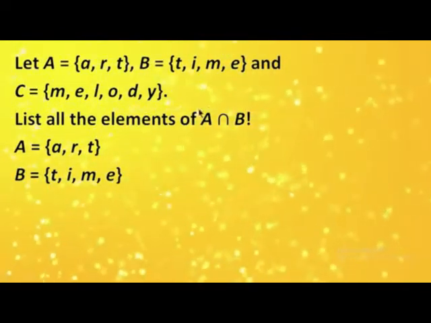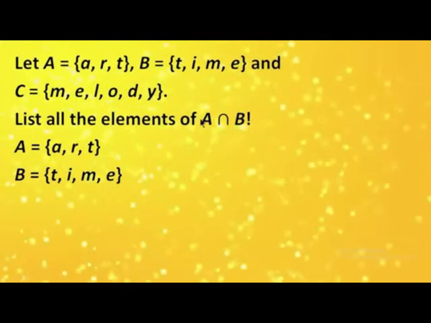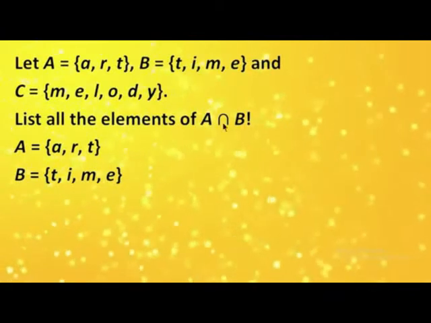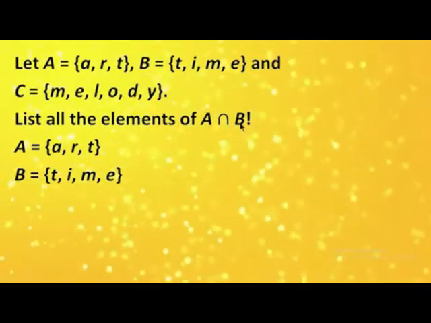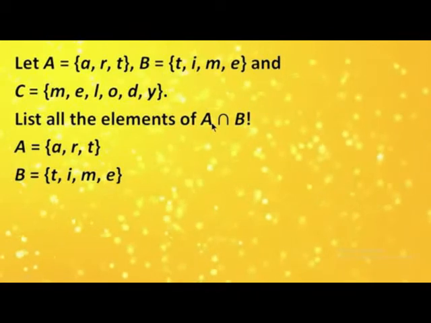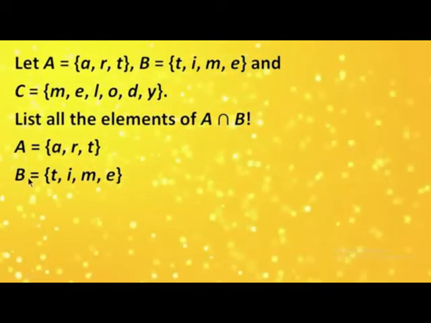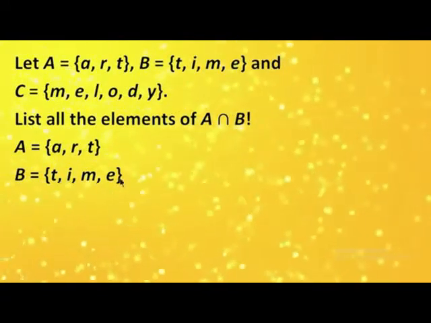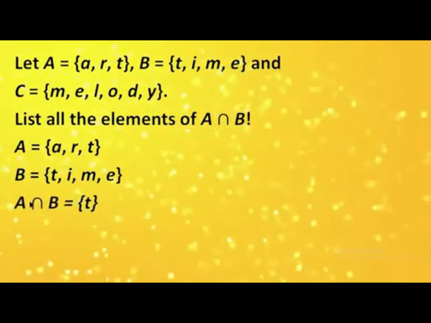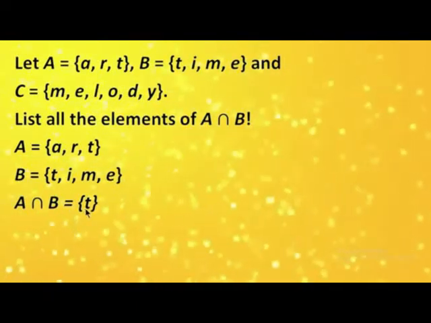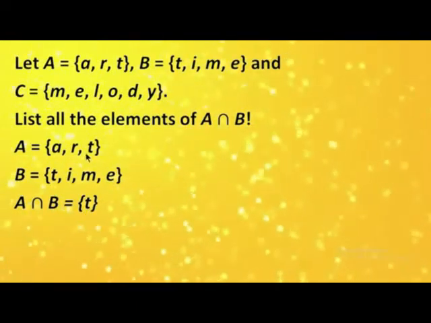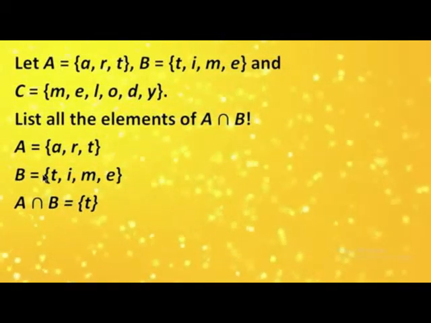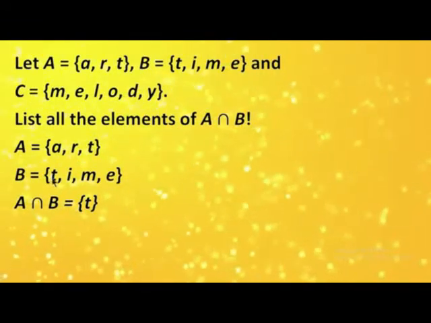So the elements of A intersection B are the elements that belong to A and also belong to B, or the common elements between A and B. So as you can see here, this is the elements of A and this is the elements of B. So the element of A intersection B is actually T, because T is the only element that belongs to A and also belongs to B, or T is the common element between A and B.